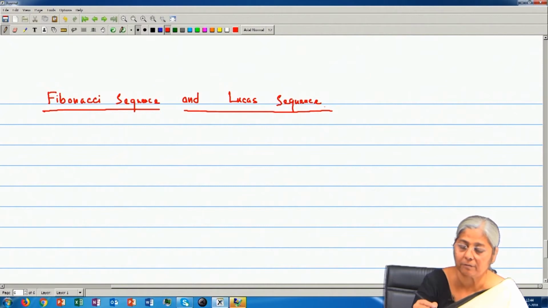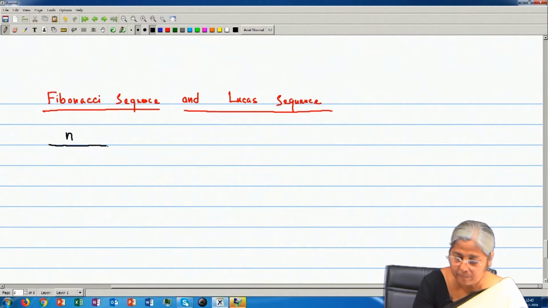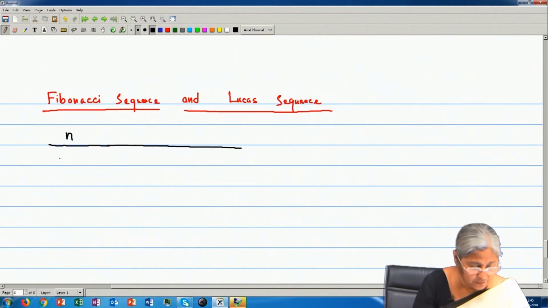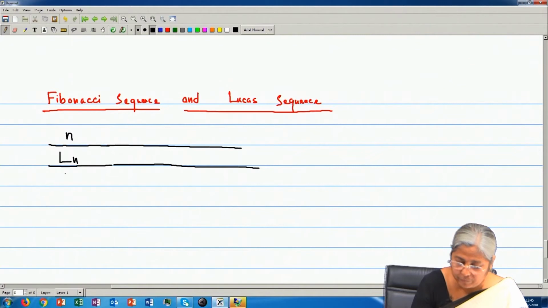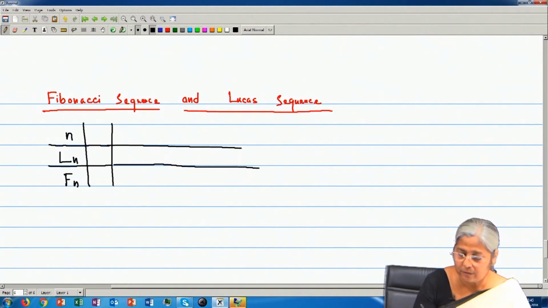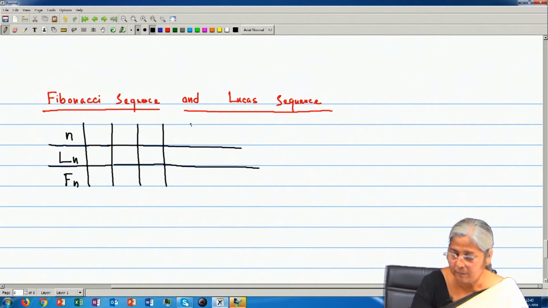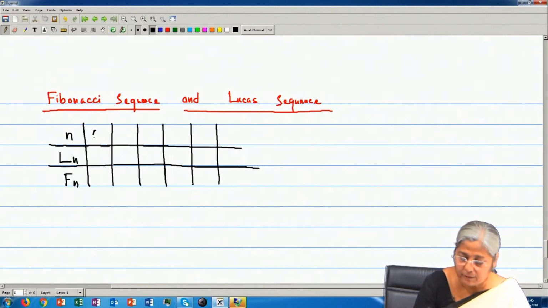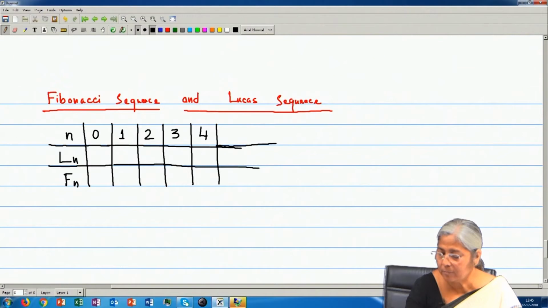We give n, L n and f n, and we see the different values for n equal to 0, 1, 2, 3, 4, 5, 6, 7.